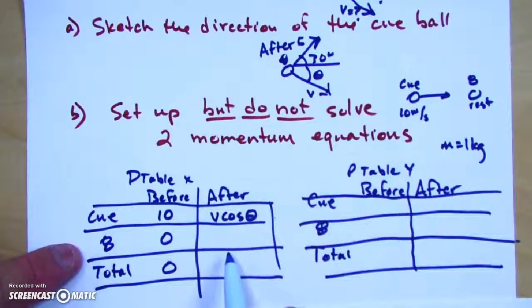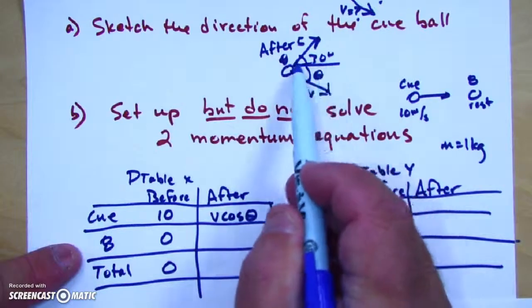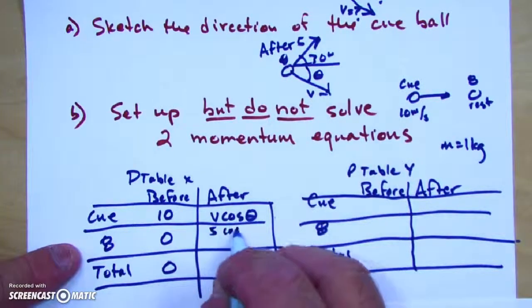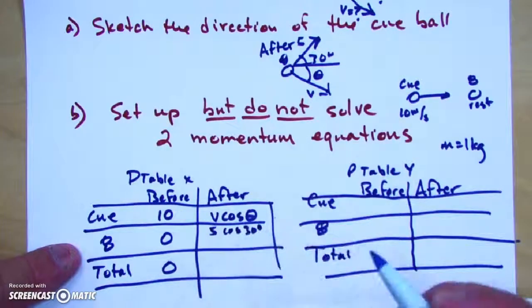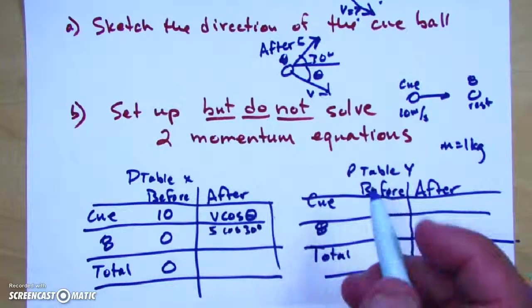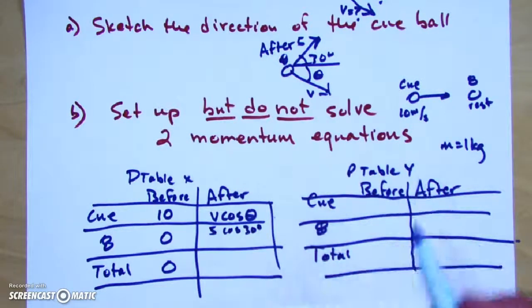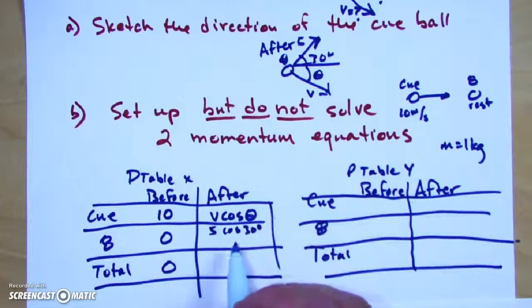Now for the 8 ball, it's going to be the x part of that 5, which is going to be 5 times the cosine of 30 degrees. Cosine of 30 degrees is 0.866. So 5 times 0.866 is going to be a little over 4, 4.3.